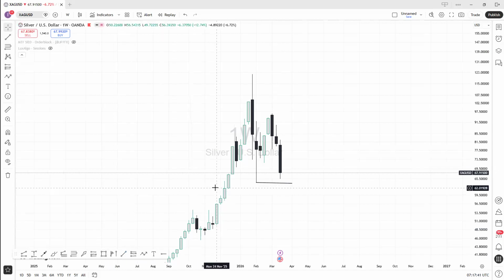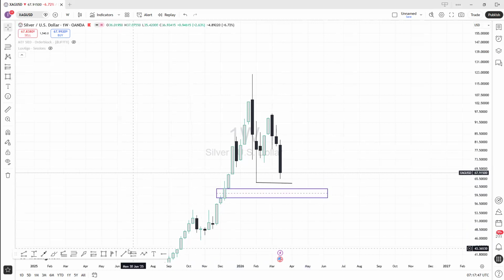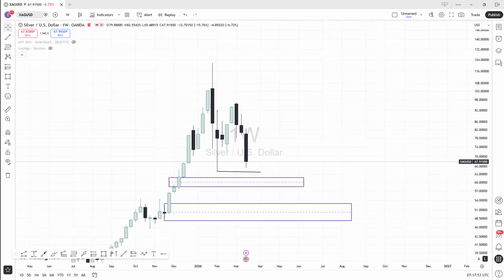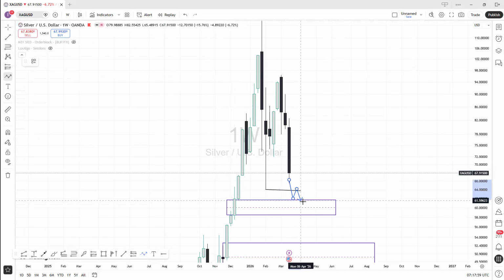We have this sell side liquidity, also this sell side liquidity, and below that liquidity you have this fair value gap. Also on the extreme discount level we have this weekly order block. For now, expecting next week price will take out this sell side liquidity and it may react from this fair value gap.